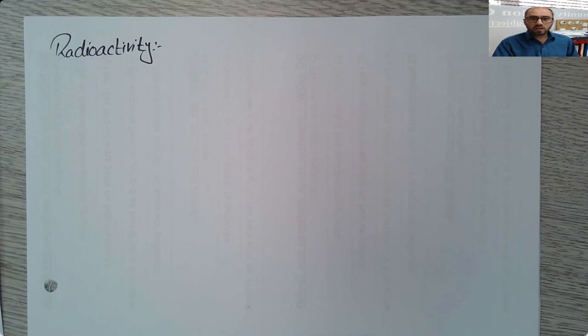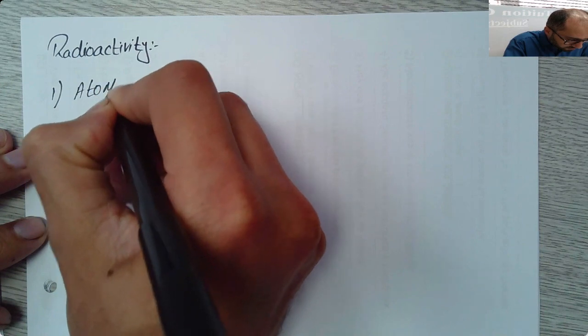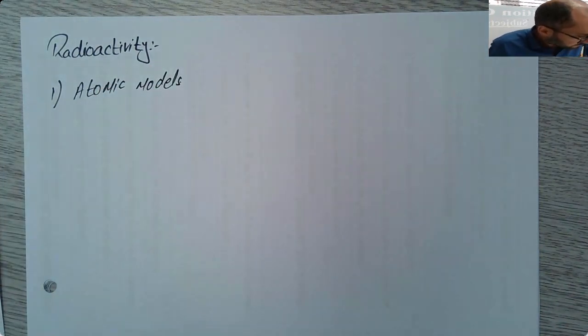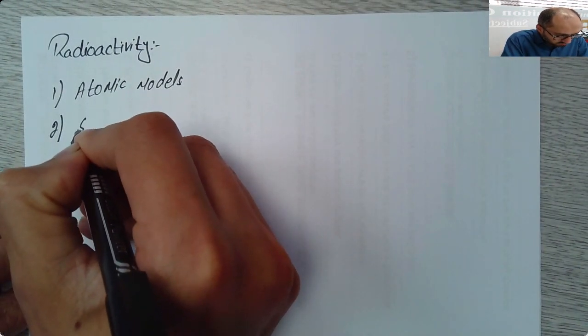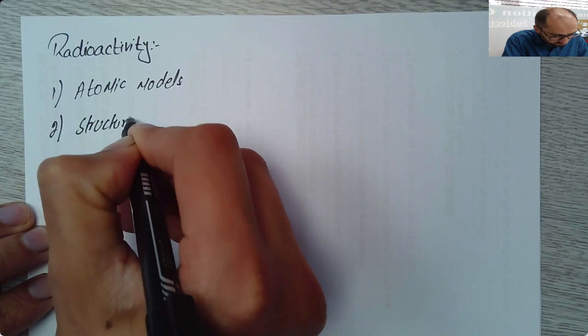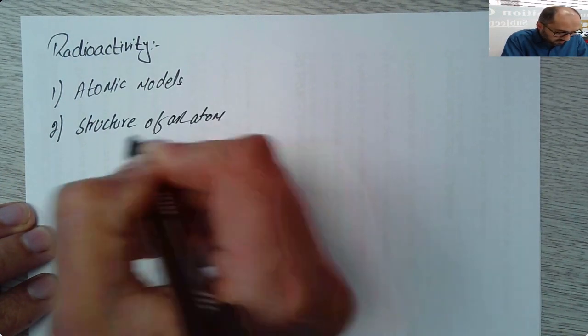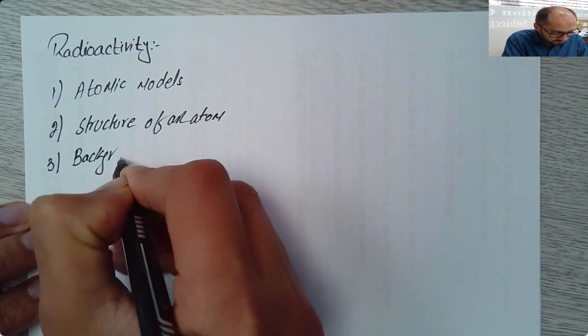In this video, I'll go through the main areas that you will need to know from the topic called radioactivity. The first one that you will need to know is the atomic models. Second is the structure of an atom. Number 3, you will need to know about background radiation.